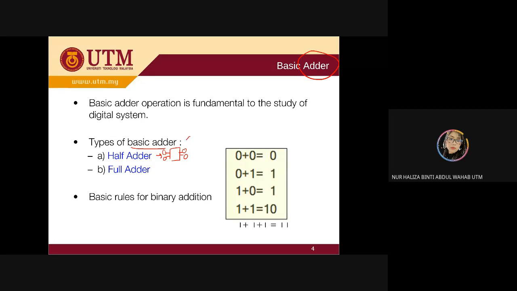This is in the block diagram here. Inside this block, you know this is a half adder. You can just name this block half adder.